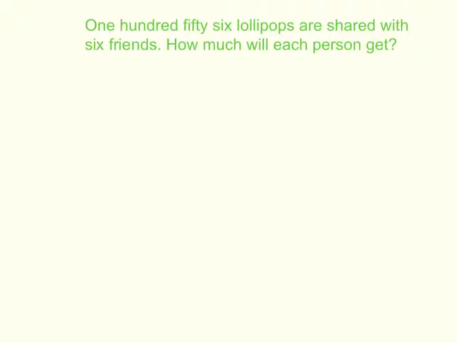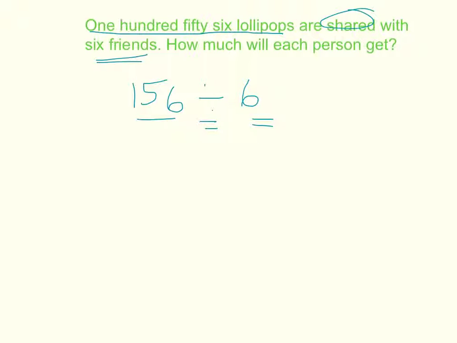How much will each person get? It's really key to think about this, that the 156 lollipops are what is being shared, and that there are 6 people who are sharing it. So I know it's 156 that are being shared among 6, or 156 that are being divided among the 6 friends. Okay, so now I'm just going to do some long division.